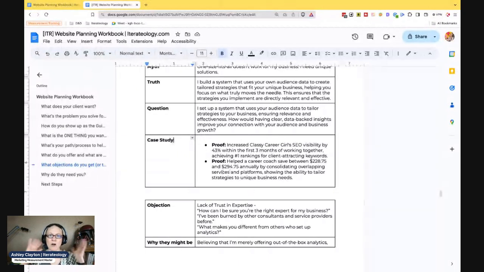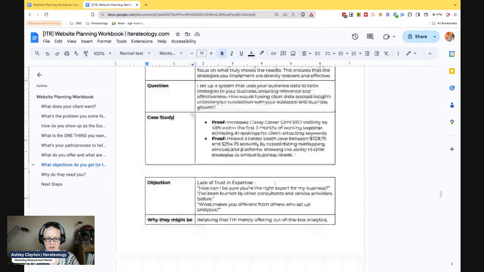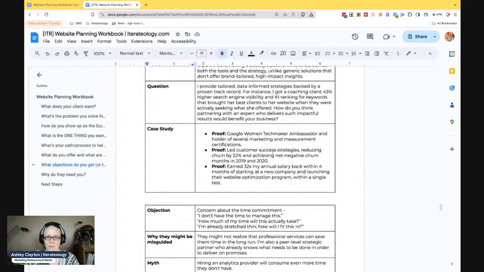A testimonial is the client saying, oh yeah, they're the best. A use case is theoretical, so it's an option, but I wouldn't necessarily use it if you have a case study or a testimonial. Case studies can include things you've done outside of your business, corporately or through volunteer work. It's all experience and proof that you can get results.